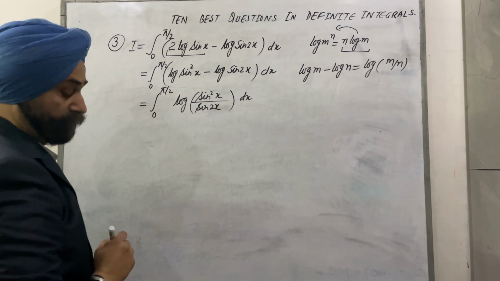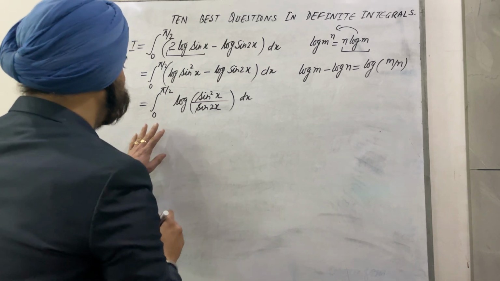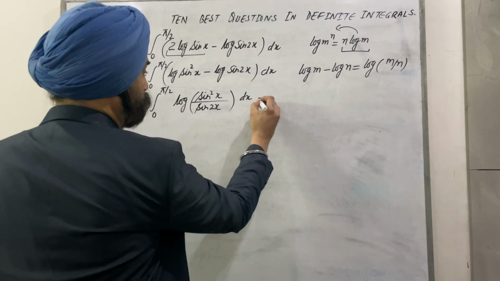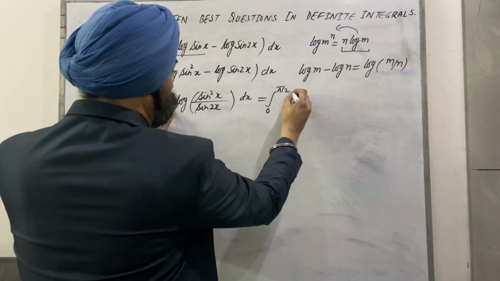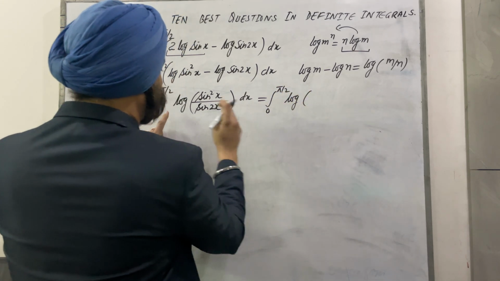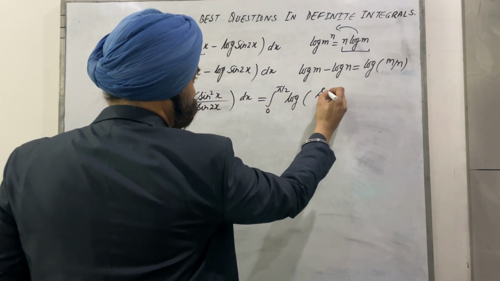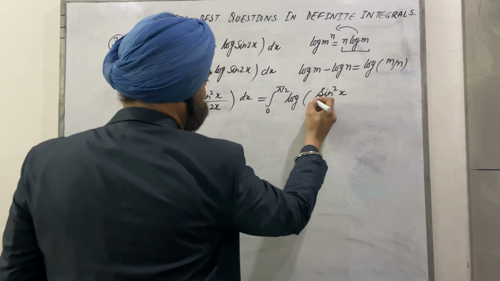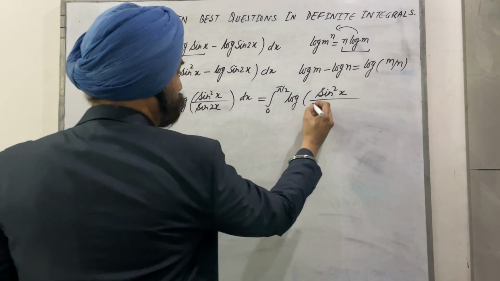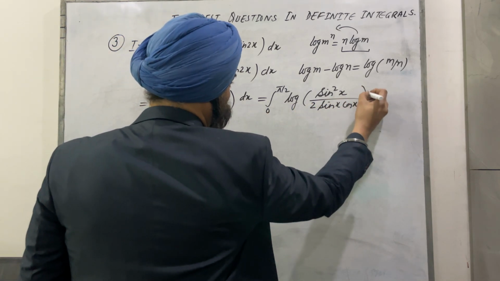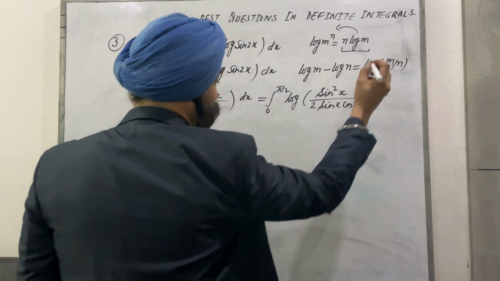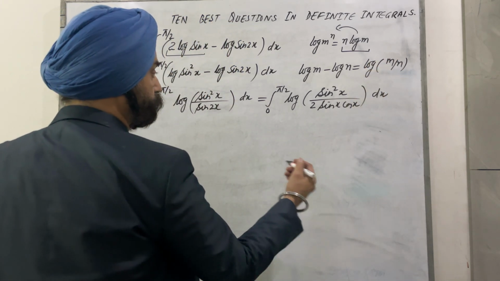So we reach this step. Now let us simplify it further. We have 0 to pi upon 2 log sin square x, which we keep as it is for the time being, and sin 2x can be written as 2 sin x cos x, and this dx remains as it is.